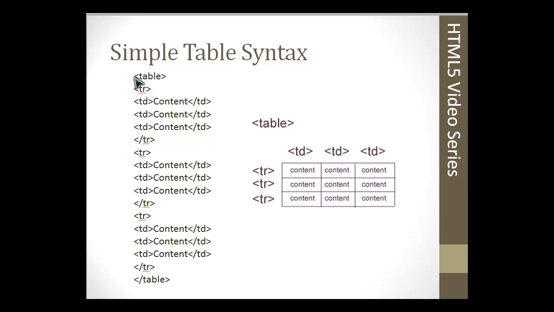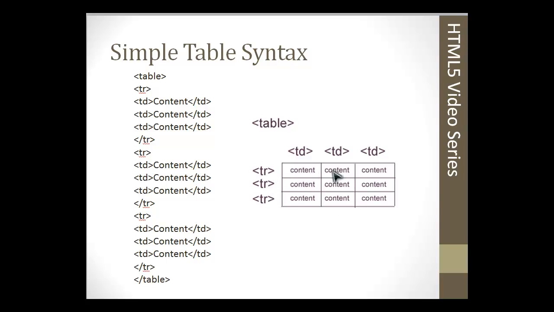So you'll see at the top we have the opening table tag and the closing table tag at the bottom, and in between there we have some TR tags, which is table row. Now, we have 3 sets of table row tags. I apologize for this being off center. It's just a quick representation.